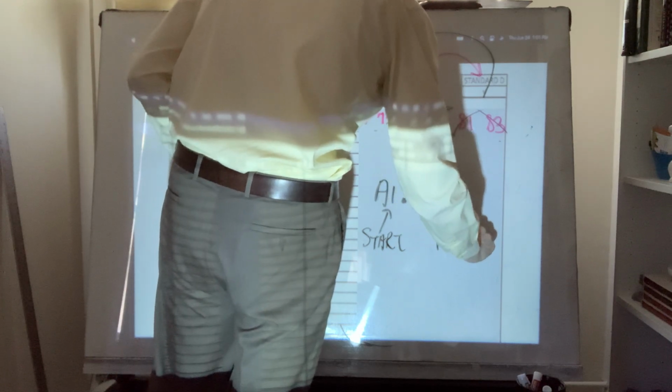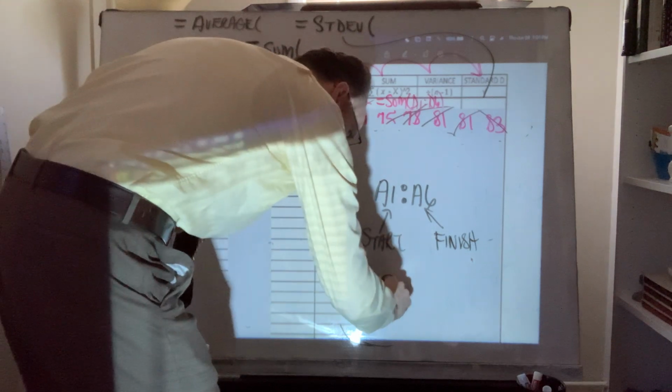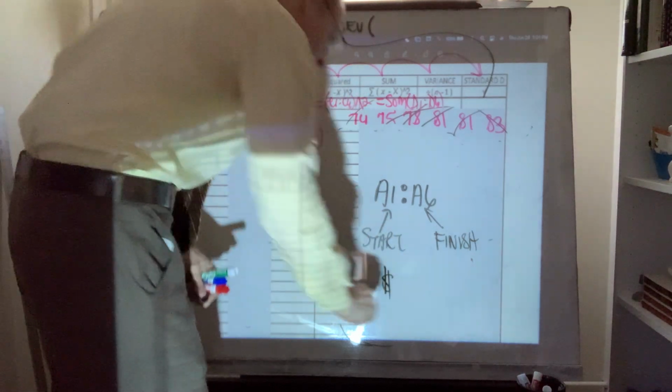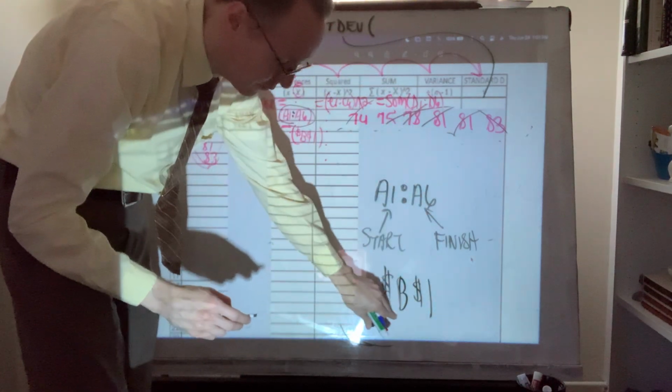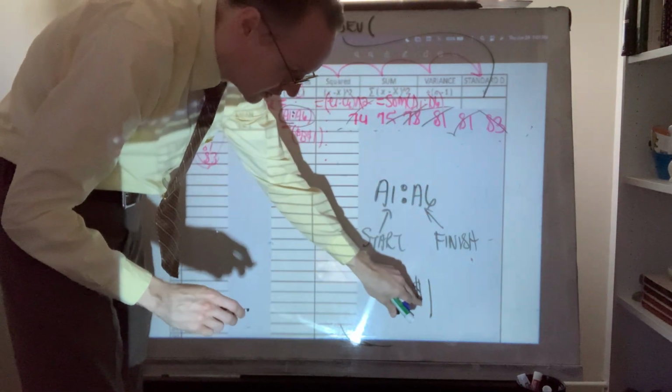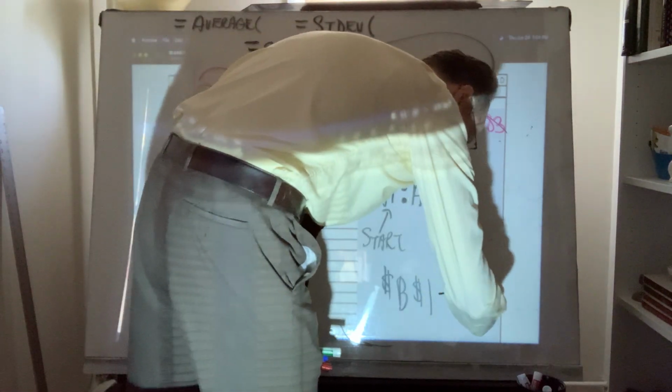You have to tell it where to look. If you use dollar signs, something like this, put the dollar sign in front of the letter, and then the dollar sign again in front of the number. That's the location of a value that you want to freeze. Freeze in place.